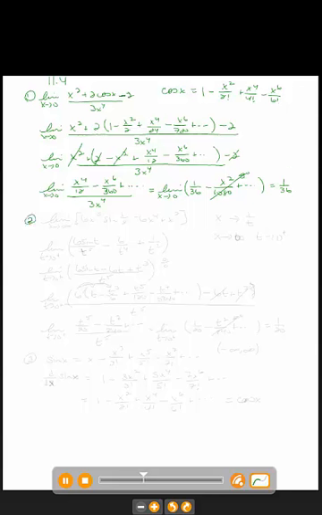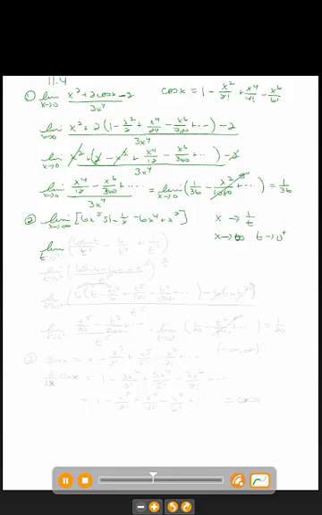Let's try example 2. Alright, so for this one, we're going to use a really old technique. We did it a long time ago back in limits. We're going to change x into 1 over t, which would then make x going to infinity become t going to 0 from the right-hand side.